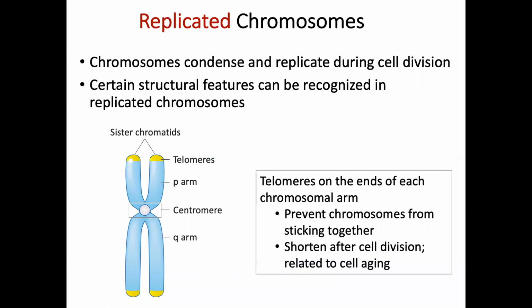We also learned telomeres and centromeres, right? They are both super condensed and part of the heterochromatin observed in the nucleus. Telomeres can prevent chromosomes from sticking together, and a shortened telomere is a characteristic of cell aging.